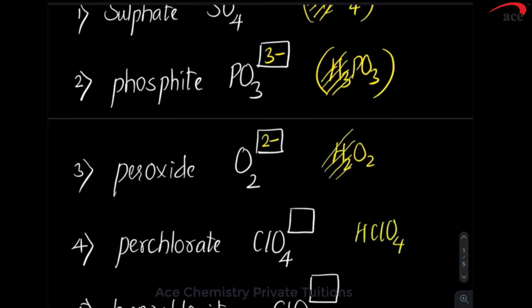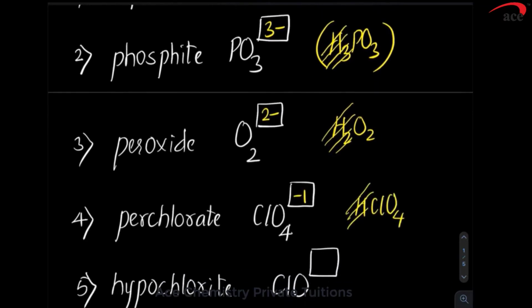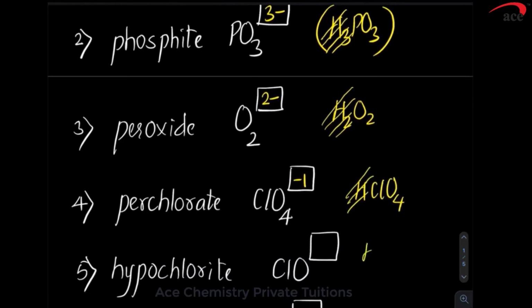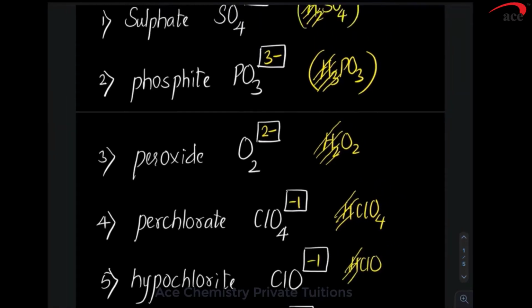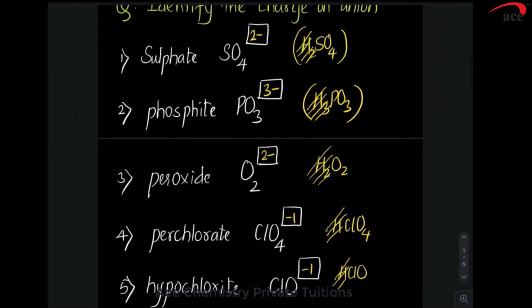Perchlorate comes from perchloric acid by removal of hydrogen, therefore minus 1. And hypochlorite comes from hypochlorous acid by removal of 1 hydrogen, therefore minus 1. Hope you have got your answers correct.